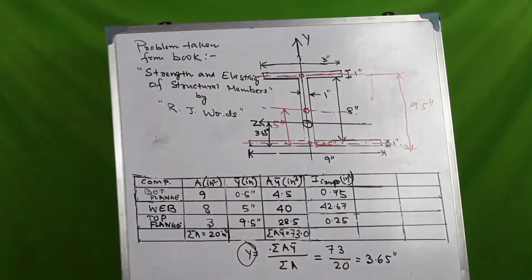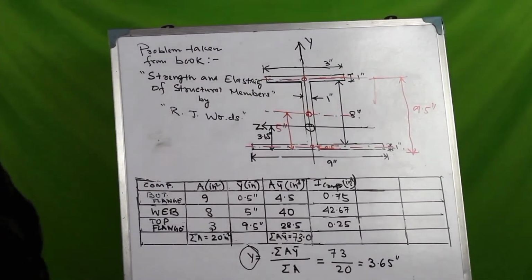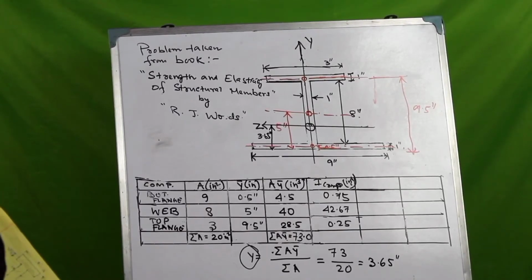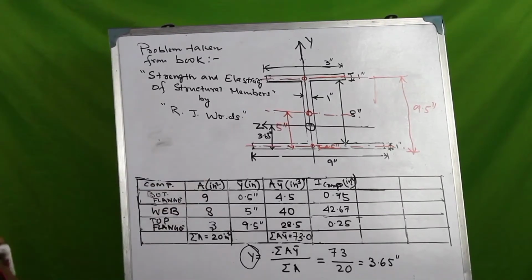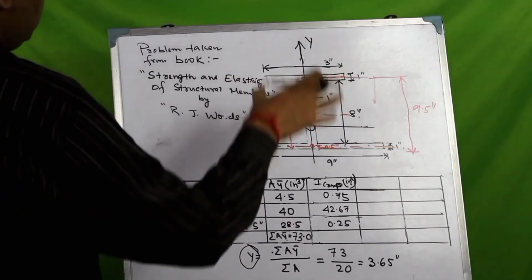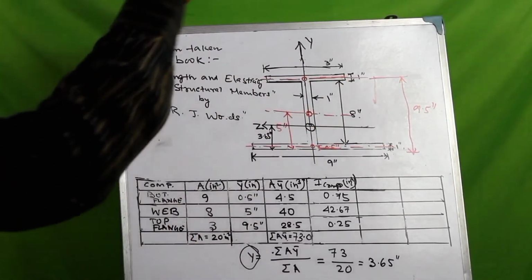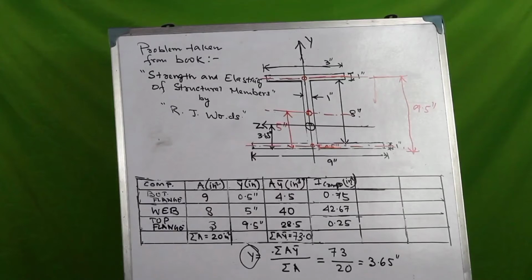So we have found out all the moment of inertia of the individual components about their own centroidal axis. But that doesn't solve the problem. We have to find out how these components contribute to the moment of inertia of the whole cross section, and that would be given by the parallel axis theorem.